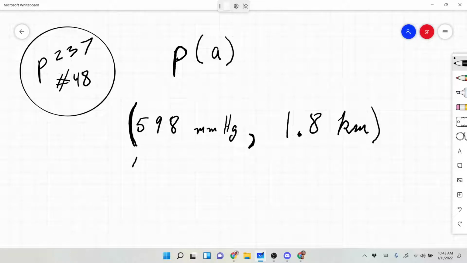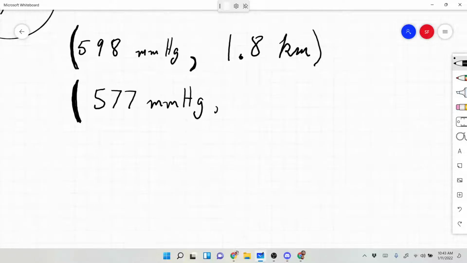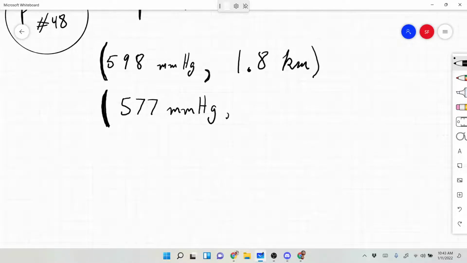And then it also says that it's 577 millimeters of mercury at 2.1 kilometers. So it gave us a couple of points on the graph, right?